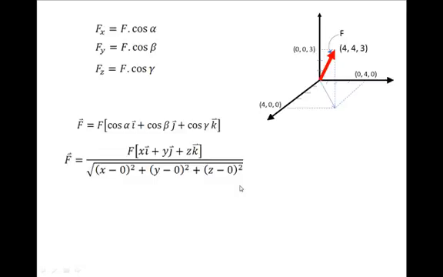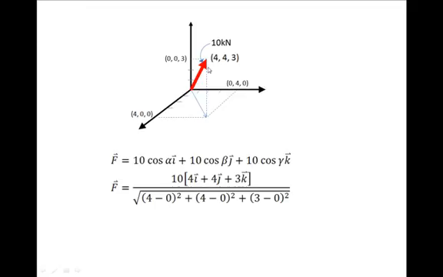Now you see, in other words, if we know the starting and ending point of the force, we can find out its inclination with x, y and z axis. Now this is the basic information you need to solve any problem. Let's put some numbers. The magnitude of force is 10.